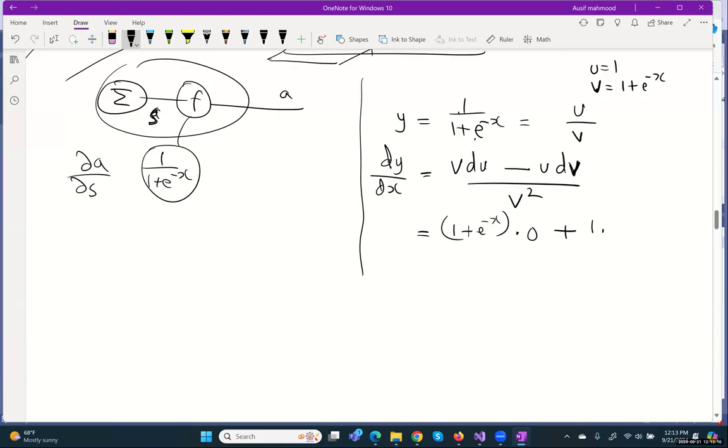So now let's go to dV. What is dV? dV is the derivative of this, 1 plus e to the minus x. What's the derivative of 1? 0. Plus, what is the derivative of e to the minus x? Some of you might recall it is minus e to the minus x. E to the x is e to the x, but e to the minus x is minus e to the minus x, right? Divided by v squared.